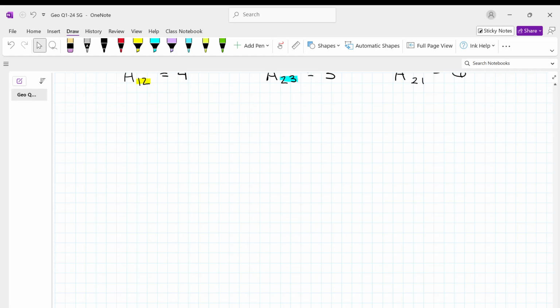Now, you can represent a system of equations using a matrix.